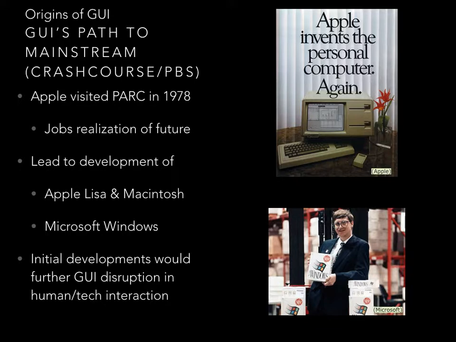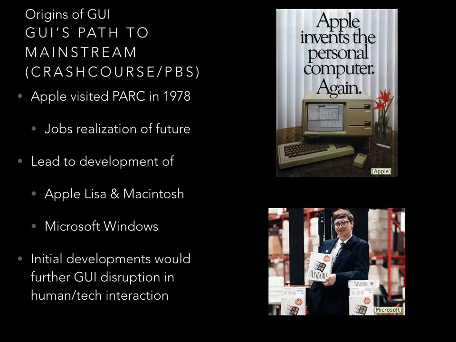This 1978 visit would culminate in the development of the Apple Lisa, which was Apple's first product that incorporated a graphical user interface, in 1981. And then later in the mid-80s, 1984, this would lead to the Apple Macintosh, which was one of Apple's largest products in the 1980s.